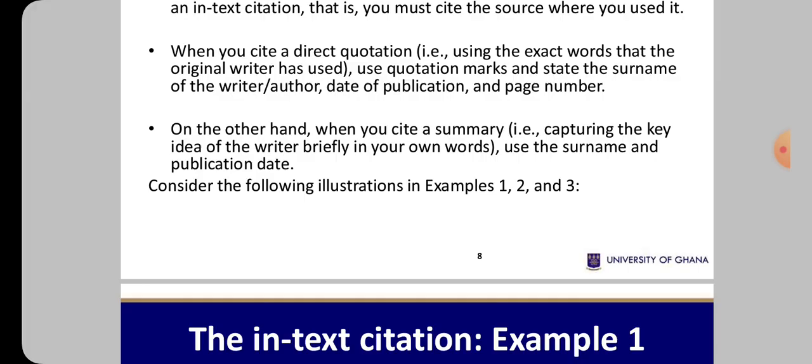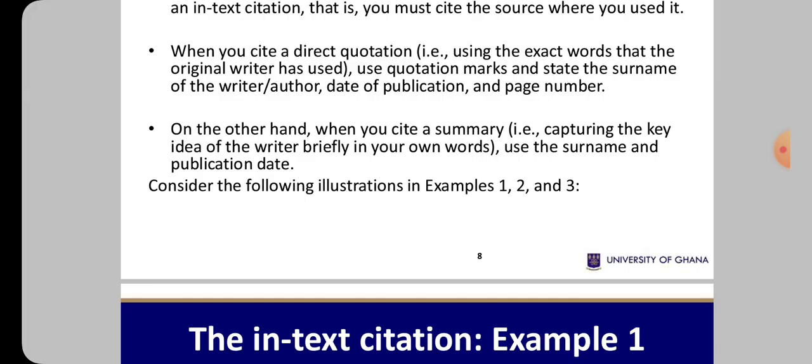If you are summarizing whatever the person wrote, you know how to summarize a text and you know how to paraphrase a text. So when you are summarizing, you should maintain the key ideas or the main ideas. I've taught you all these things. So you don't leave the key information out. You must maintain the key information.